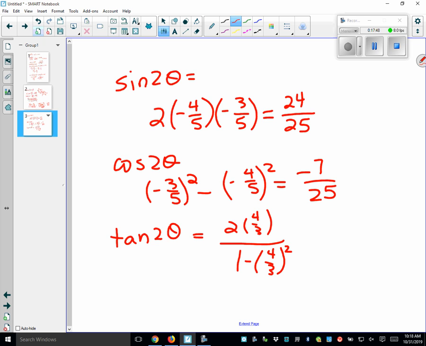Is it? Which is negative 24 over 7. And that's what it was if I got sine over cosine.